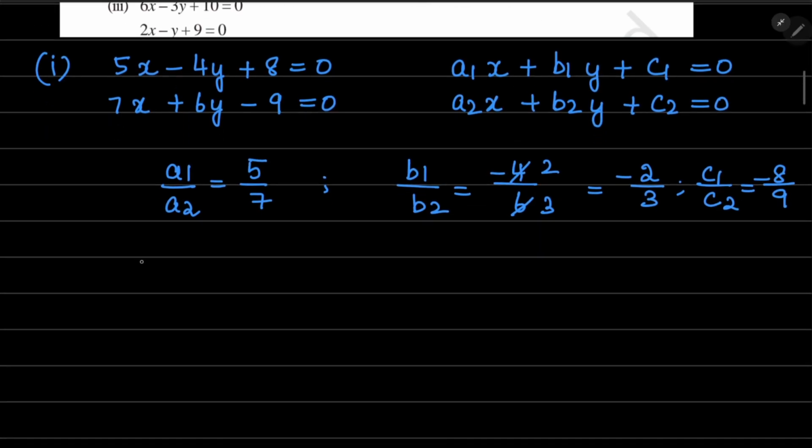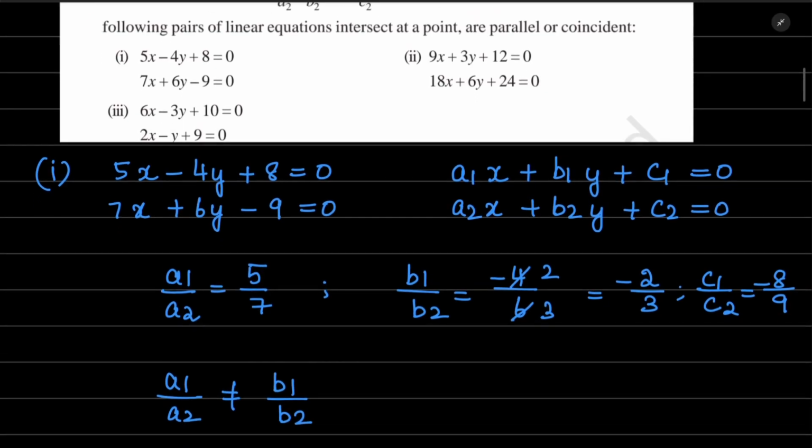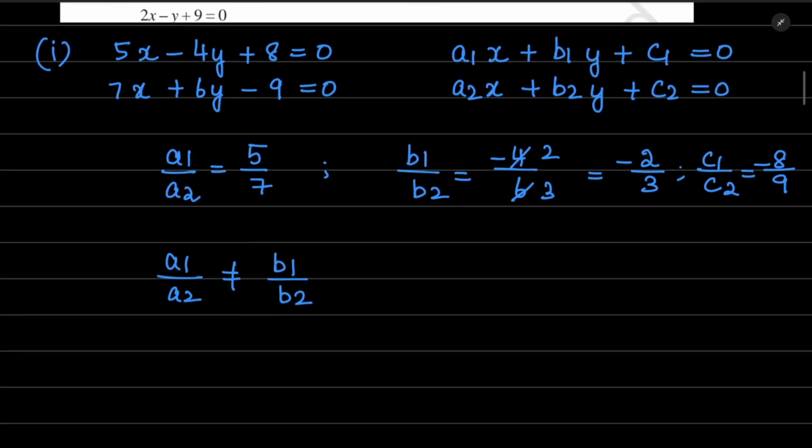But here the conclusion is a1 by a2 is not equal to b1 by b2. Whenever you have a situation wherein your a1 by a2 is not equal to b1 by b2, that means it is a scenario for unique solution and the lines intersect at a point.